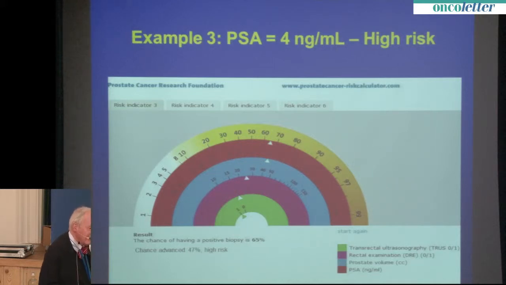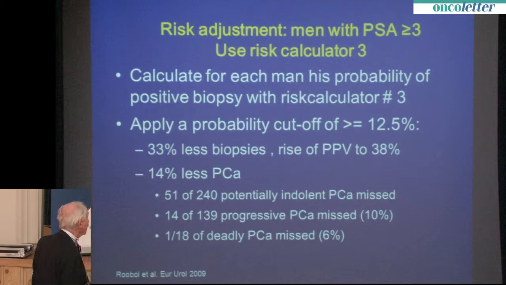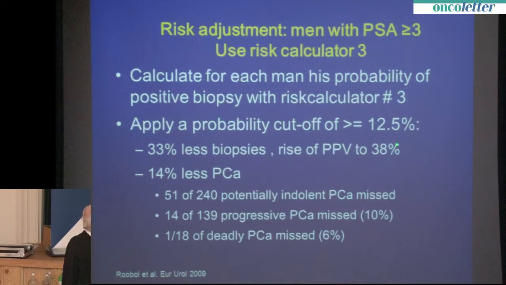Now, is this acceptable if we look at it in a large patient group, a group of people who have undergone screening? Dr. Roobol has done that and published it in 2009, a paper that is not very frequently referenced. She calculated in a large population of screen-detected cases the use of risk calculator number 3, and she used the probability cutoff of 12.5% positive biopsy.